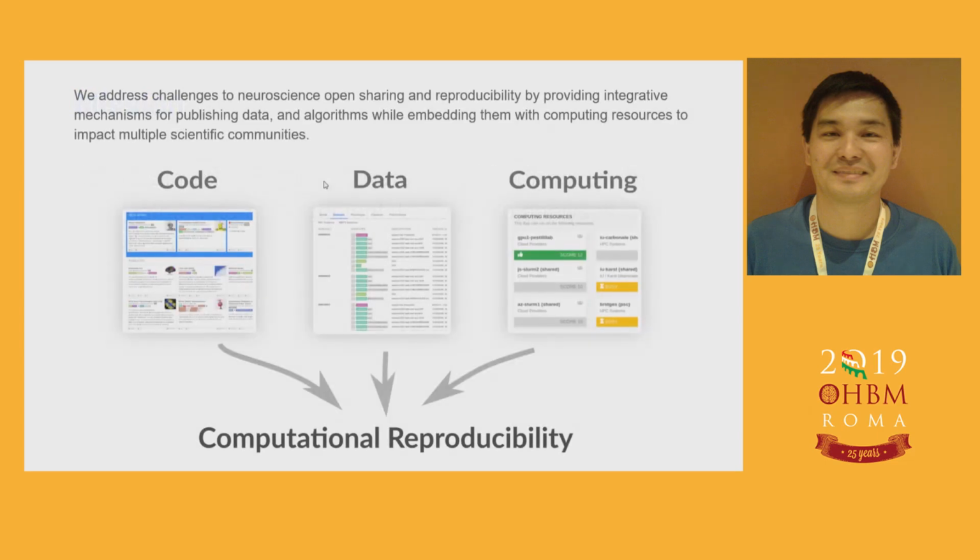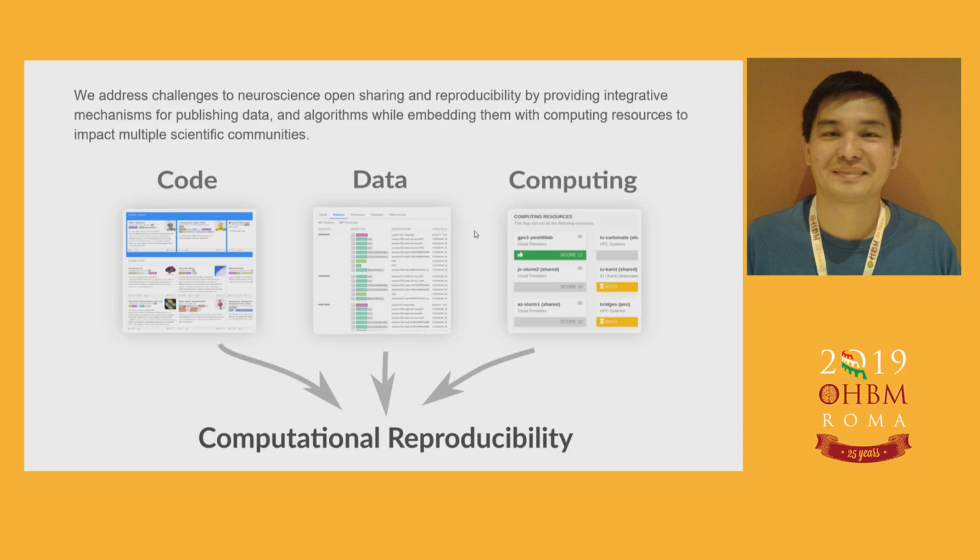So the mission really is to help brain scientists accelerate scientific discovery by automated data management, large-scale analysis, and visualization. What we mean by that is creating a platform that allows you to register code and data.